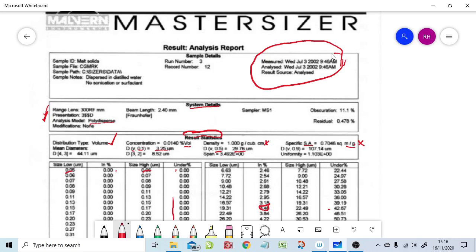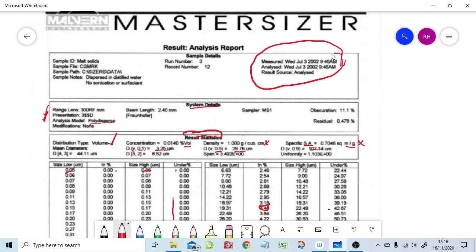That's the dV 0.5. And then the dV 0.9, which is just over 107 microns, that is the 90 percentile value. So 90% of the distribution is less than 107 microns.